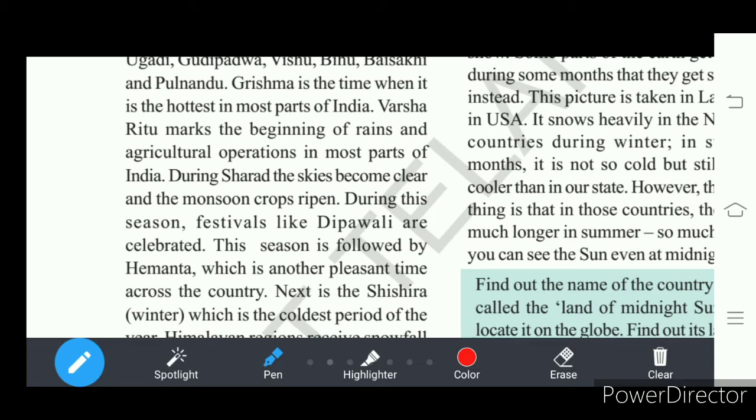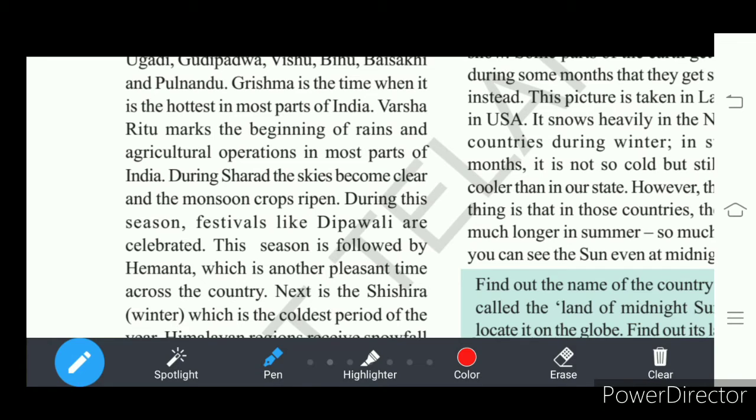So before winter, the sky appears very clear. There is a transition from the hot, wet season to the dry winter season, and in the gap between the rainy Varsha and Shishira, we find another season, that is Hemanta.